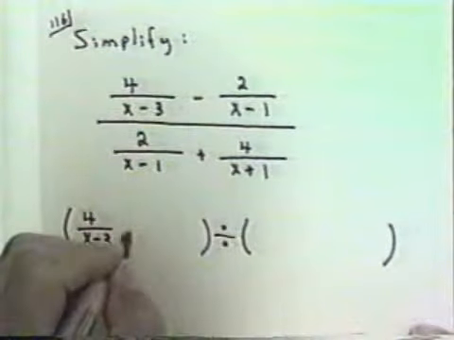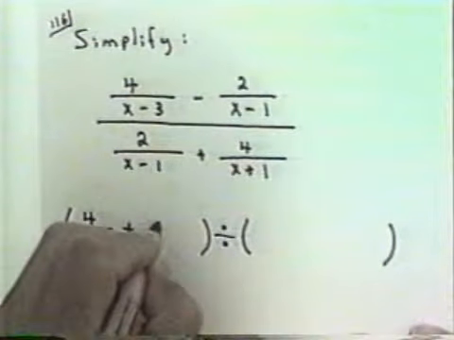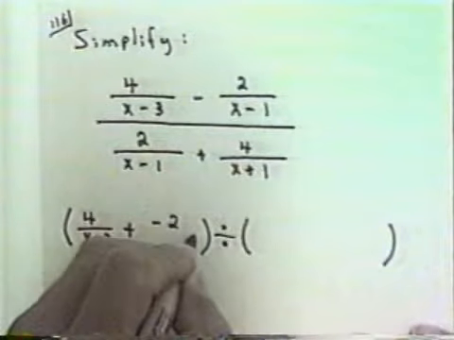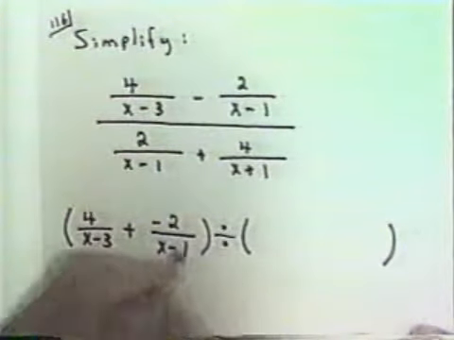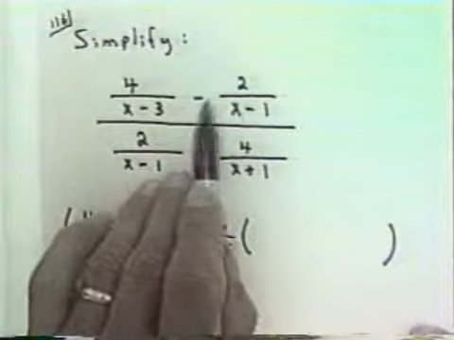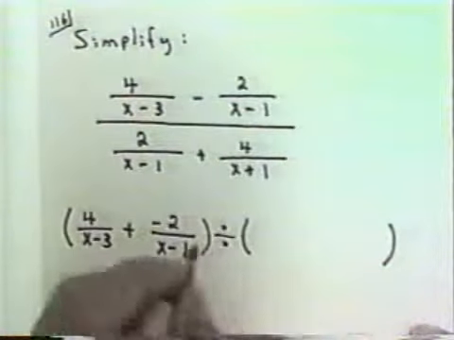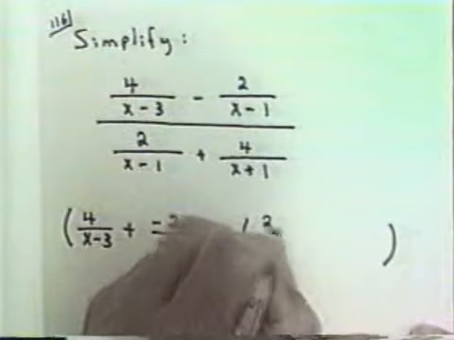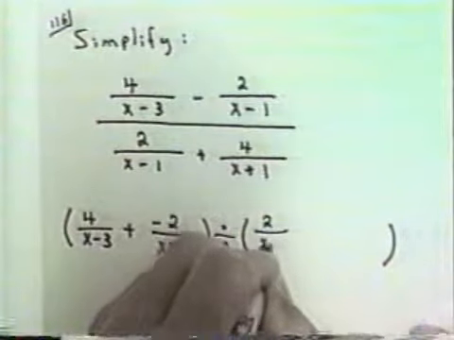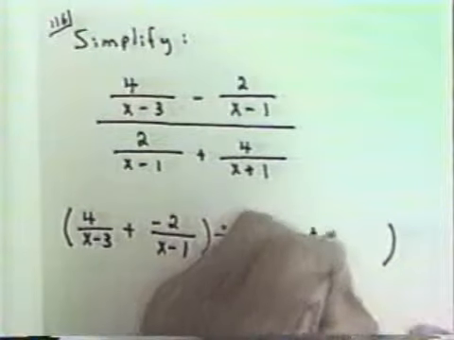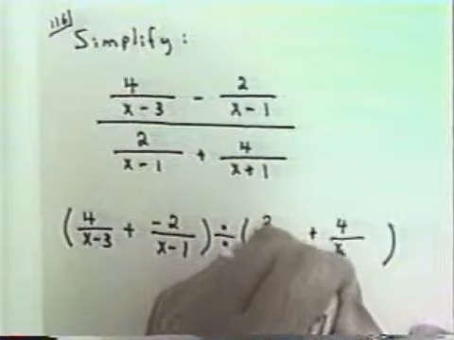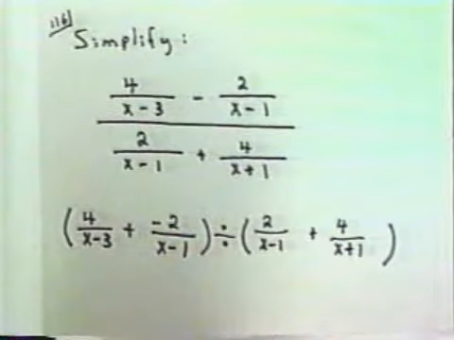And since I have subtraction, I'm going to go ahead and add the opposite as I copy it down. So it'll be plus a negative 2 over x minus 1. Remember, this just tells you take the opposite of the numerator. Divided by 2 over x minus 1 plus 4 over x plus 1.